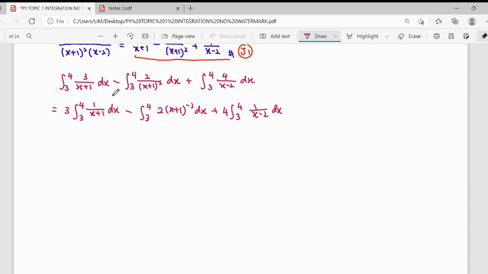So this fraction I didn't take out because power of negative 1 cannot be solved. So we look at our fraction here, we can use our formula. So we try check our formula. Denominator function x plus 1. When we differentiate it, we get 1. Yes. So formula is applicable. So this function is x minus 2. When we differentiate it, we get 1. So this formula also applicable.